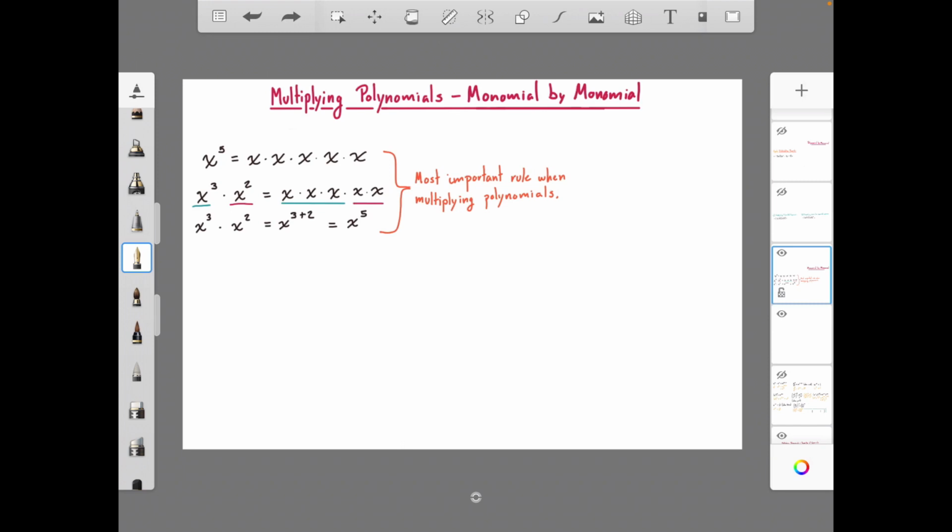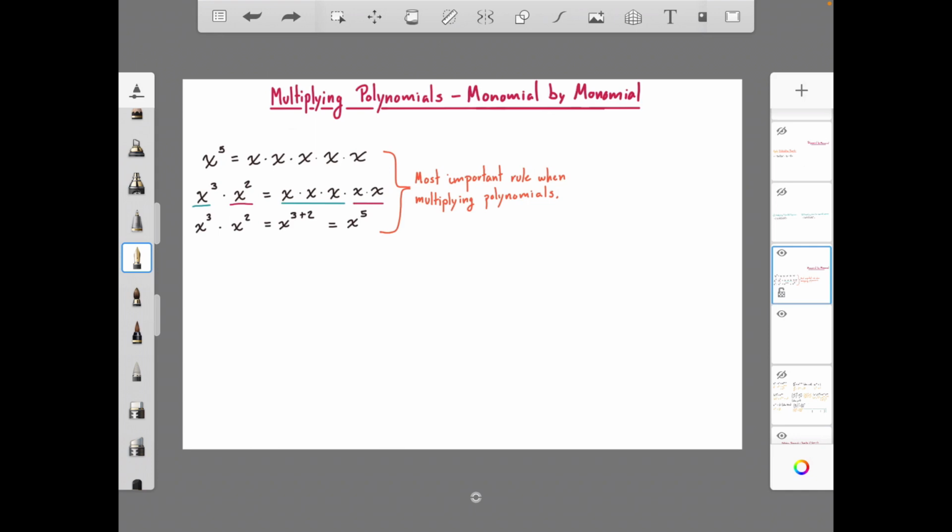So we get x to the third power times x to the second power is going to be equal to x times x times x times x times x, or x to the fifth power. So based on this, we know that x to the third power times x to the second power is equal to x to the 3 plus 2 power, or x to the fifth power. Okay, and this is one of, if not the most important rule when we're multiplying exponents, because it's used in basically every exercise involving this.